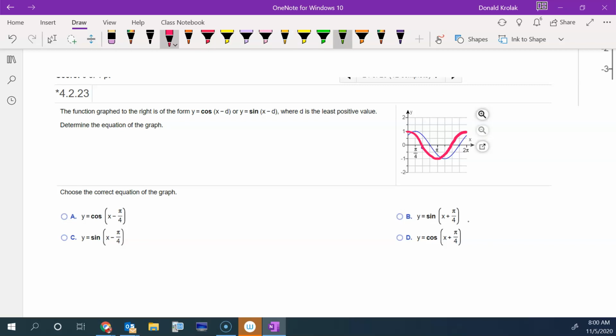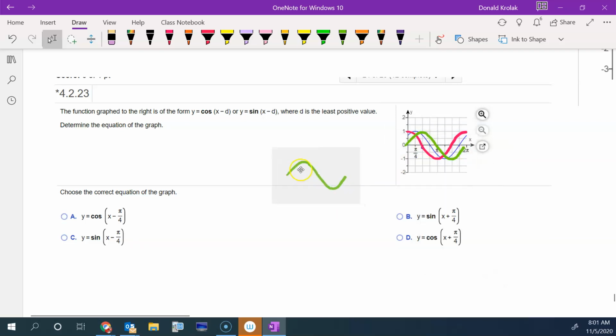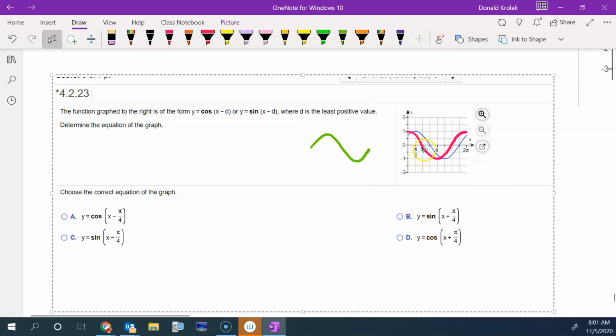And then a regular sine would look like this. So now you're asking yourself, which one of those graphs could I move to recreate the blue graph? I got the green one, and here's the red one.